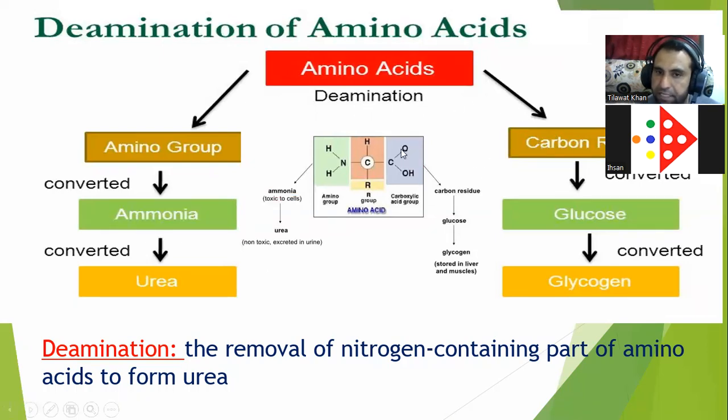You can see the carbon residue. This part converts into what? This is the carbon residue, right? So that converts into glucose, while the nitrogen part converts into what? Ammonia and then urea, right?